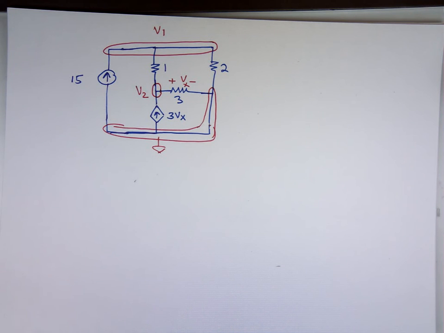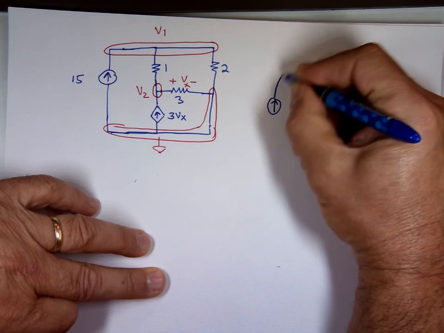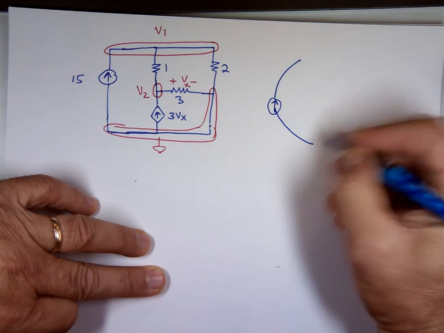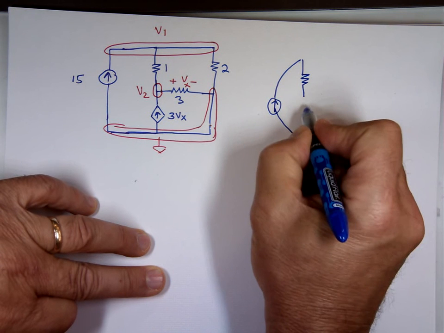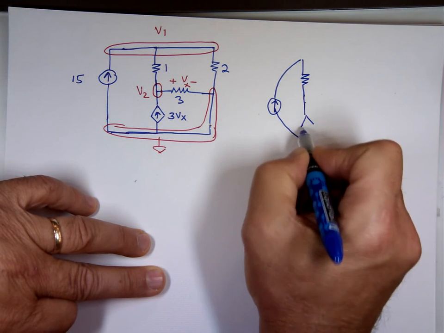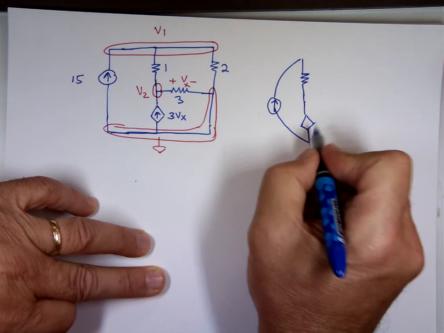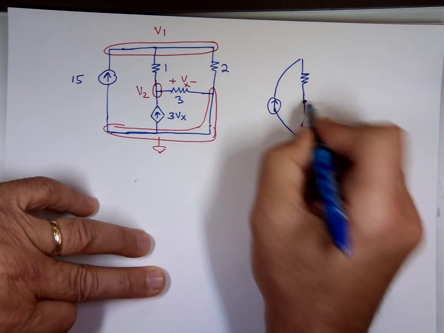And if you don't believe it, you could have drawn this like this. This one here is really attached to this end, so if you want, you can attach it like this.